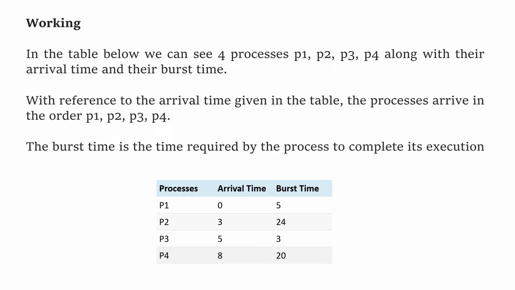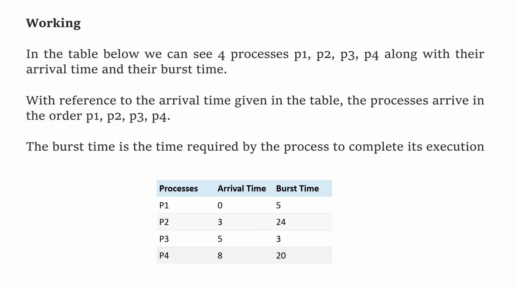For example, we can consider four processes with their arrival time and burst time. We can name the processes as P1, P2, P3 and P4. They arrive in the order P1, P2, P3, P4 based on their arrival time, and the burst time is the time required by the process to complete its execution.